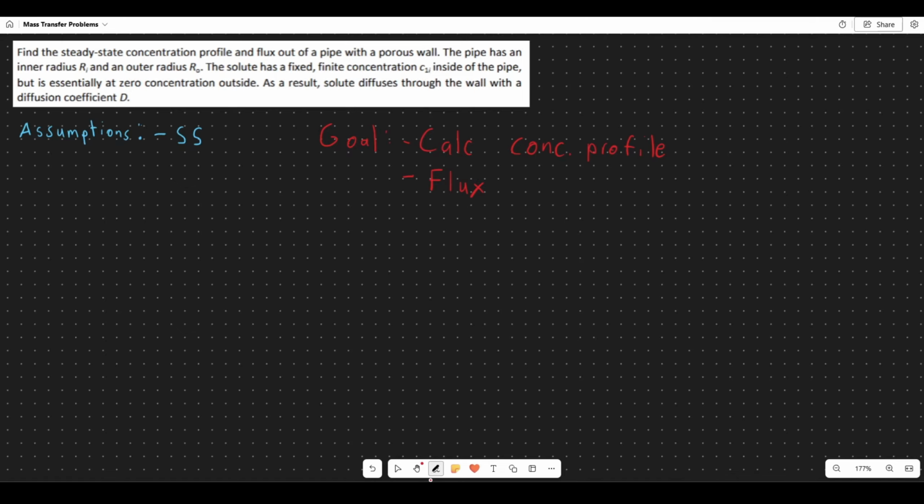Continuing on, we want to find the steady state concentration profile and the flux out of a pipe. That tells us that most likely it might be cylindrical, since pipes are usually cylinders.